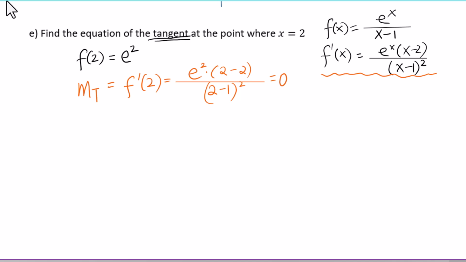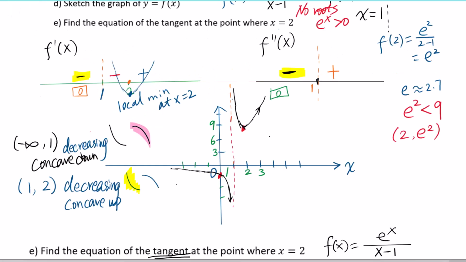So the tangent line is a horizontal line. Therefore, y equals e squared is the equation of the tangent line. Or use this graph: we know there is a local minimum point at x equals 2. Therefore, the equation of the tangent line will be y equals e squared.